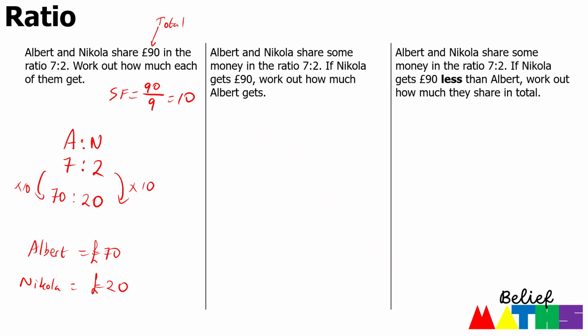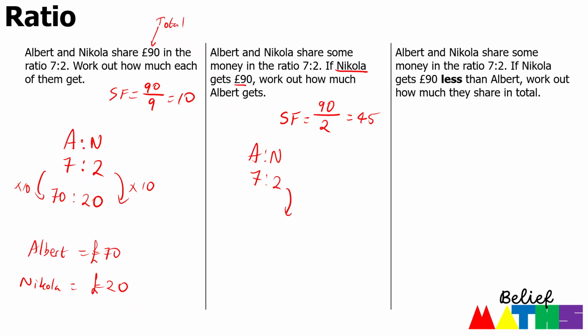Second question, again, we can start with Albert to Nicola, 7 to 2. Now again, our scale factor is going to be that 90 divided by something. Now in this case, the £90 is what Nicola gets. And if we look at Nicola, he's got 2 parts. So therefore we're dividing the 90 by 2 to give us a scale factor of 45.